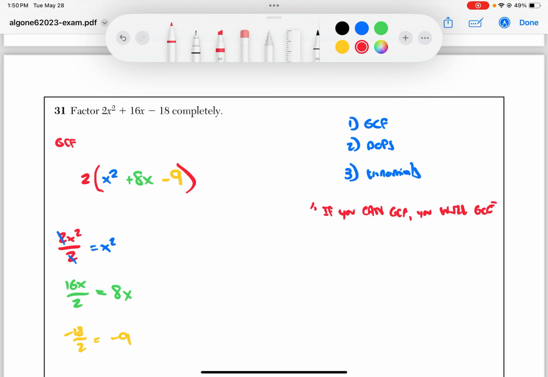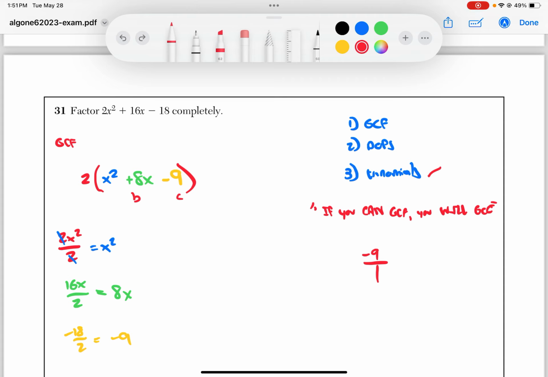Now, what I see inside the parentheses is a trinomial. So how do I factor my trinomials? Well, I'm going to take factors of negative 9 that add up to positive 8. Factors of C that add up to B. Well, I could do 3 and 3, but that's not going to give me 8. I could do 9 and 1. There's something there, right? I have to do negative 9.